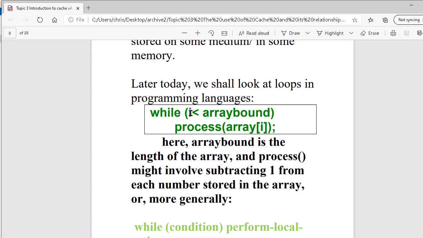So I is going to be incremented to 2, 2 is less than the array bound, and I'm going to process the third element of the array. And what processing the array might mean is simply to add the particular array element to the sum of the last array elements that you've looked at. So I'm forming the sum total of every array element, which I'm assuming are integers. What this means is that I'm just going through the array element by element and doing something with each element.